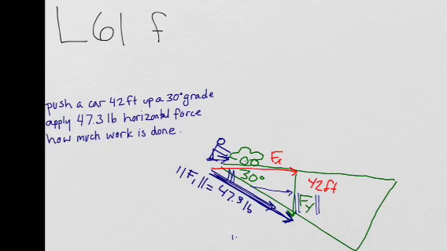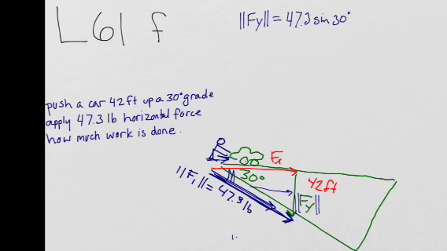And I think this is in our notes, so Fy is equal to the initial force, the hypotenuse force, 47.3 times the sine of 30 degrees.